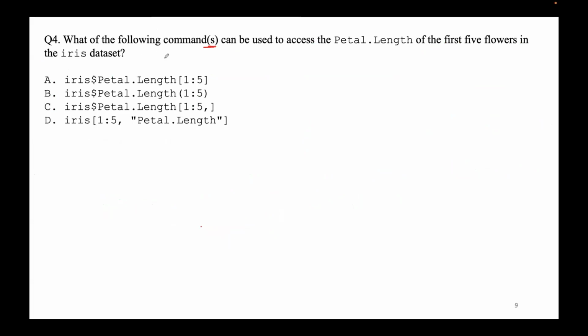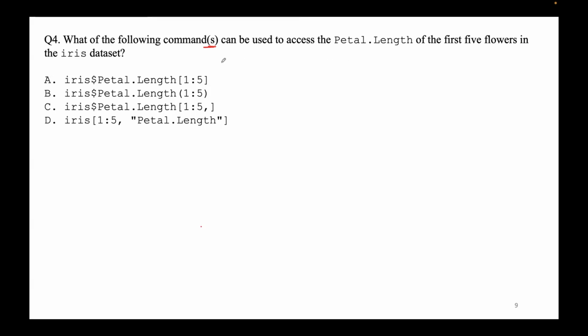And then this one. Which of the following commands can be used to access the petal length of the first 5 flowers in the iris dataset? And there can be more than one correct answer here. We just saw the iris dataset. Petal dot length is one of the columns.